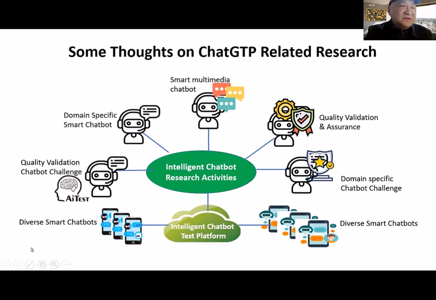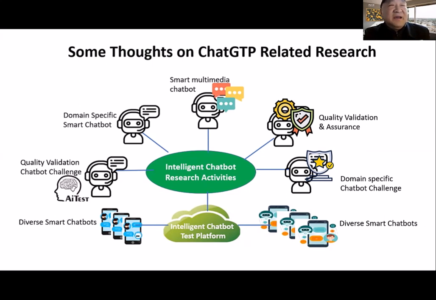And the last one I have is we are cooking an intelligent chatbot test platform to support, on the cloud, comparing and evaluating diversified chatbots for a similar purpose. So this one we just started recently and got a lot of attention. So many people are interested to join.